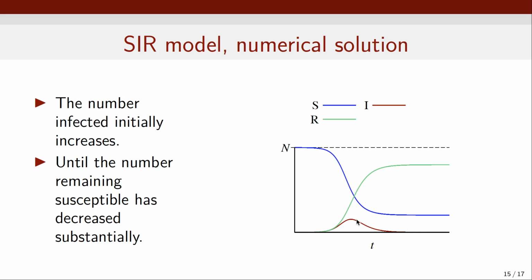And eventually, once we reach herd immunity, the number of infected people drops off dramatically.